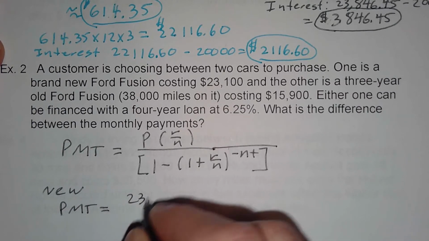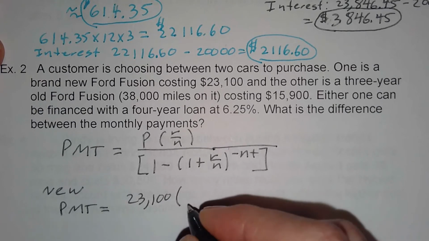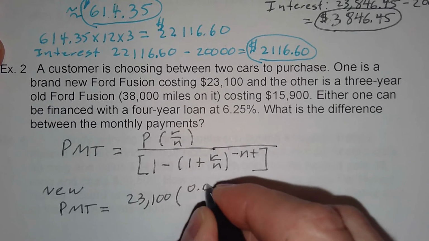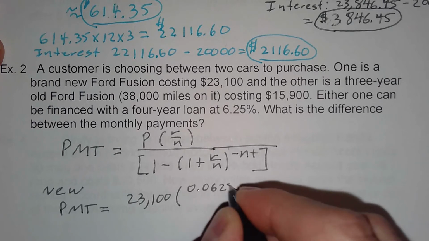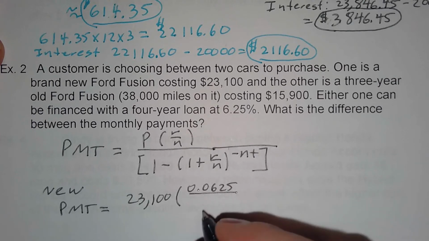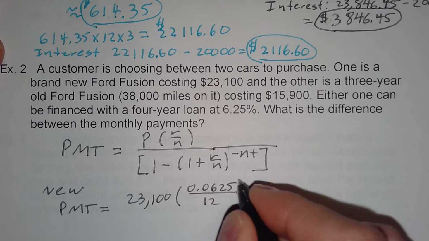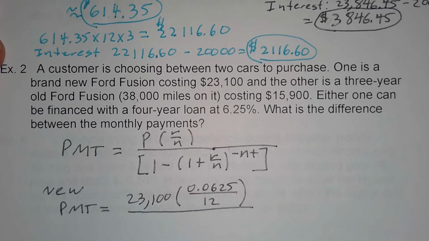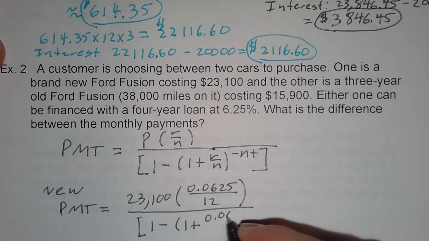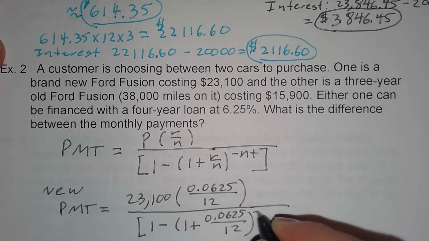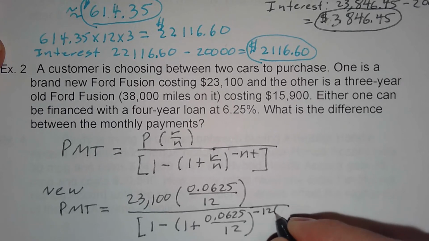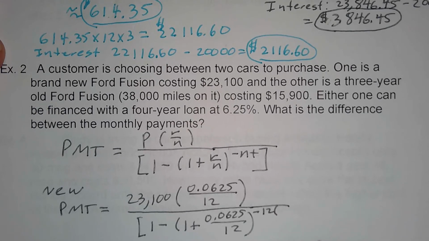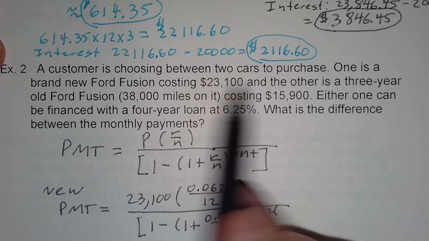So we're going to put $23,100. Interest rate, we're going to write that as 0.0625. It's monthly, so N would be 12. And then we're going to have 1 minus 1 plus 0.0625 over 12 raised to negative 12 times, and we were doing this for how many years? Let's see, 3-year loan.